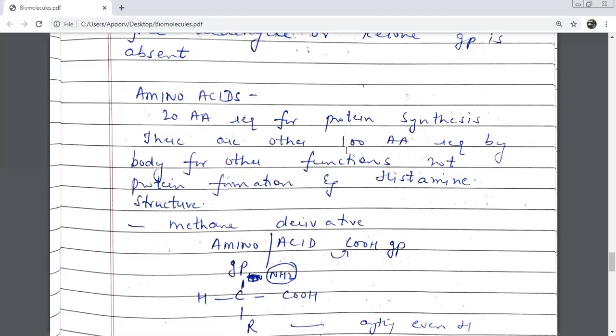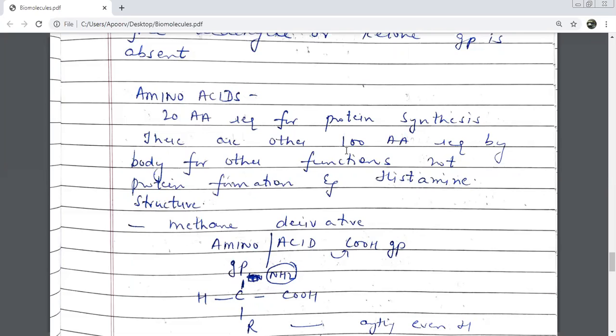How many did I say just now? 100. I just gave you an example of an amino acid which is not involved in protein synthesis, but still is very important for our body. What was the name of that amino acid? Histamine. So it is helping your body in normal metabolism. It is giving you immunity.